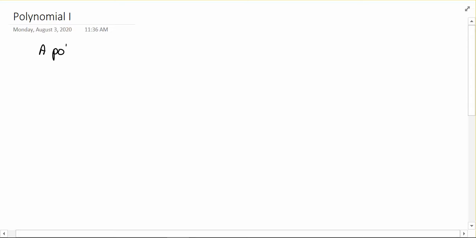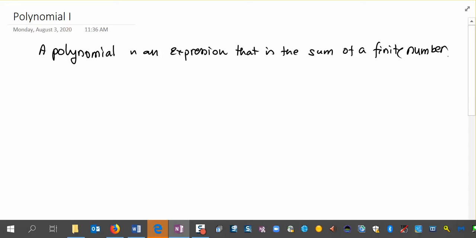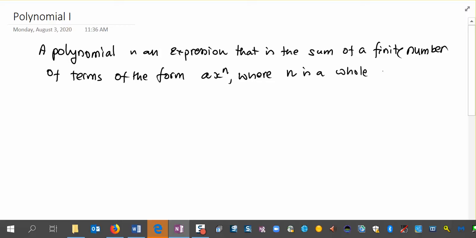So a polynomial is an expression that is the sum of a finite number of terms of the form ax to the n, where n is a whole number.